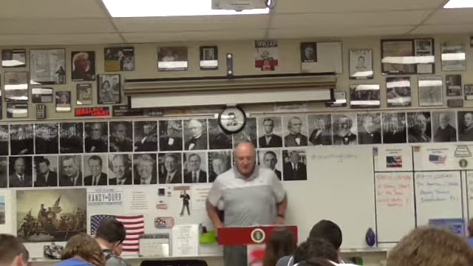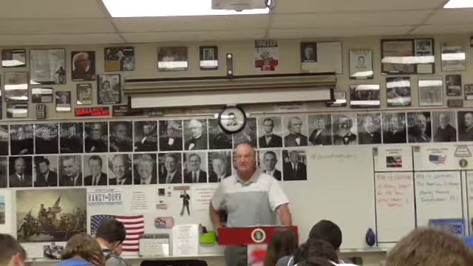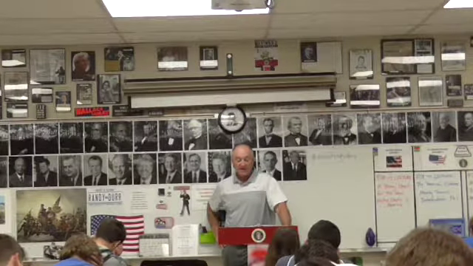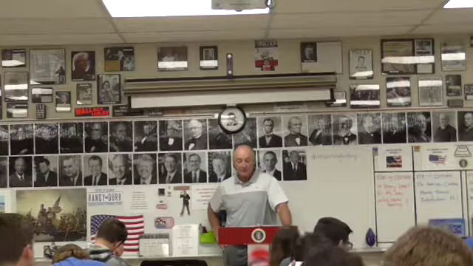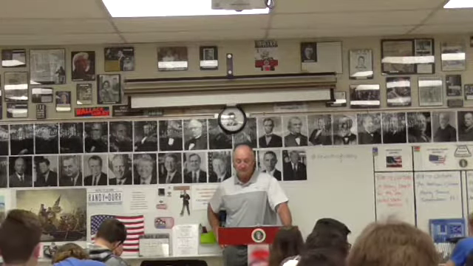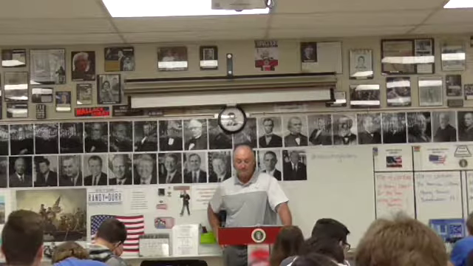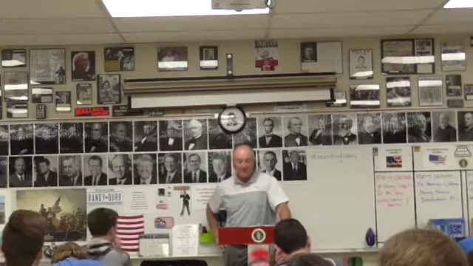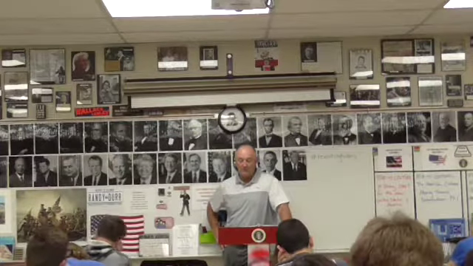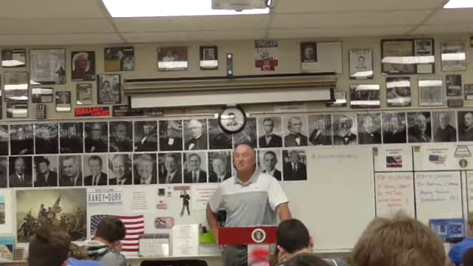So the federal court system, by virtue of the Judiciary Act of 1789, established 13 district courts, one in each state, 3 circuit courts, spread evenly across the country, one in the north, one in the south, one in the middle, and 1 Supreme Court. Now, anybody know how many people make up the Supreme Court?